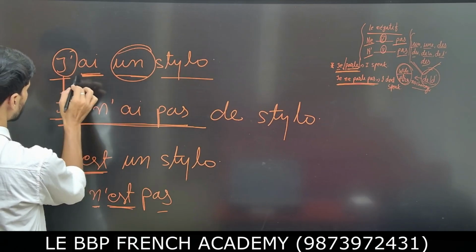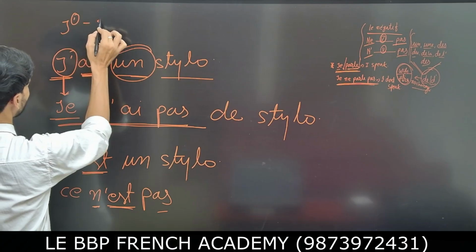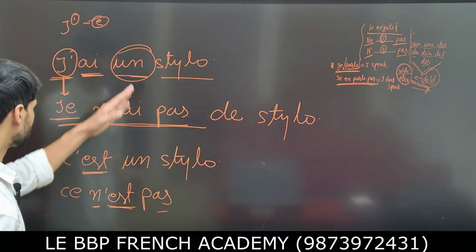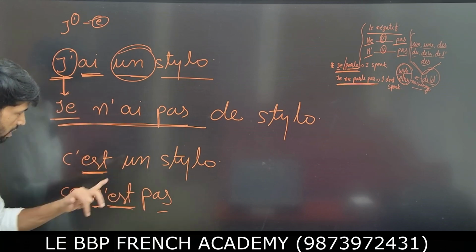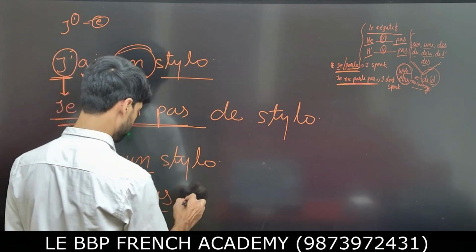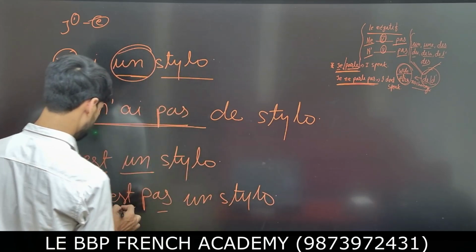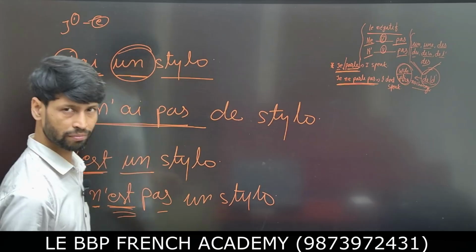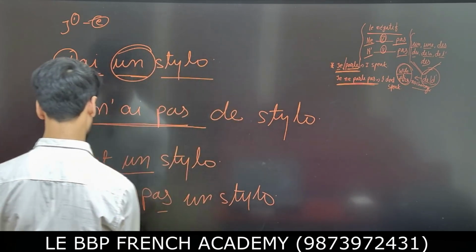Because when we have two vowels, that's why we put the apostrophe there. Okay? When you separate this, that time you do this. Look, un or une does not change. Why is it not changed? Because it's a conjugation with the verb être. Okay? So now look here, some examples also.